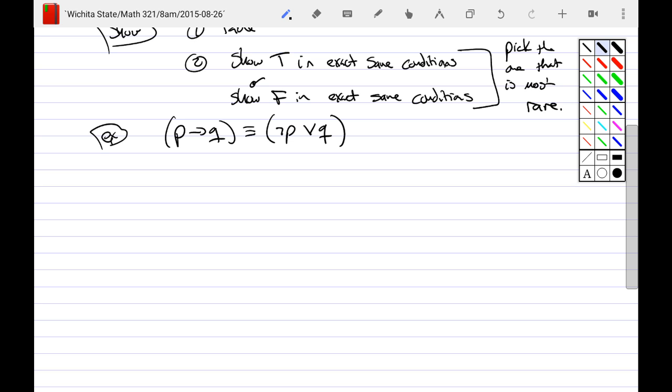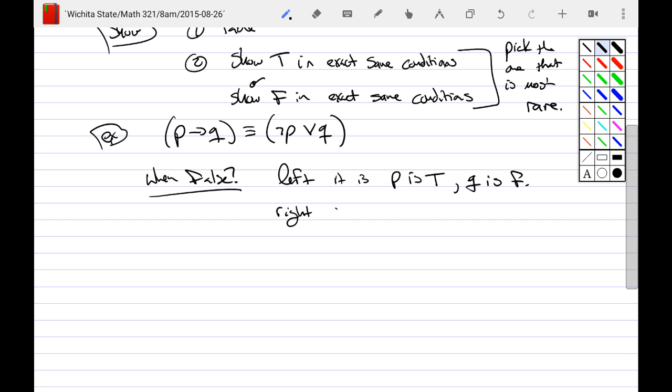We would ask when false. For the left side, it is P is true, Q is false. What about the right side? That's a little more work, but why?